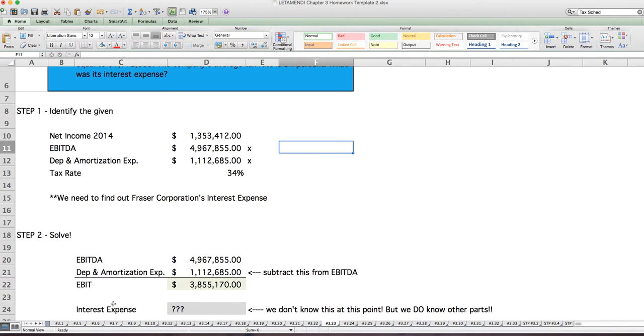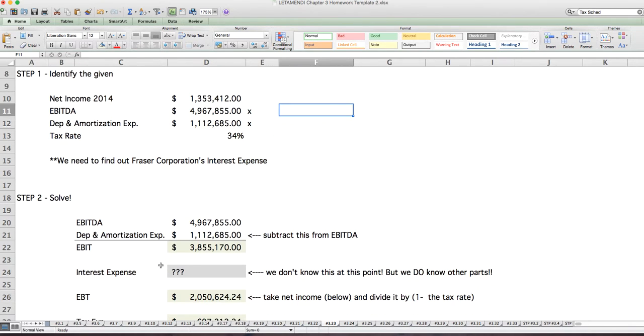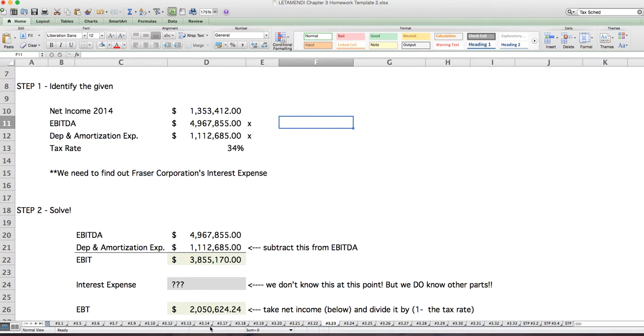So for the interest expense, in order to calculate the earnings before taxes, we would need to know what the interest was so that we can take that out. But we don't know what that is, but we do know what the other parts are, right? We know that we can calculate the earnings before taxes.